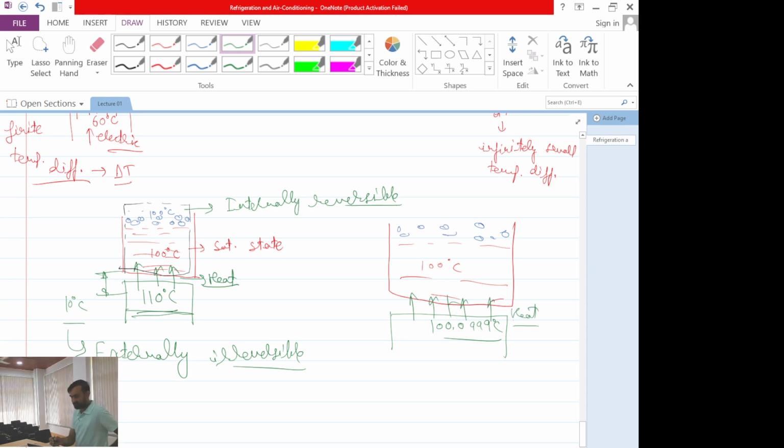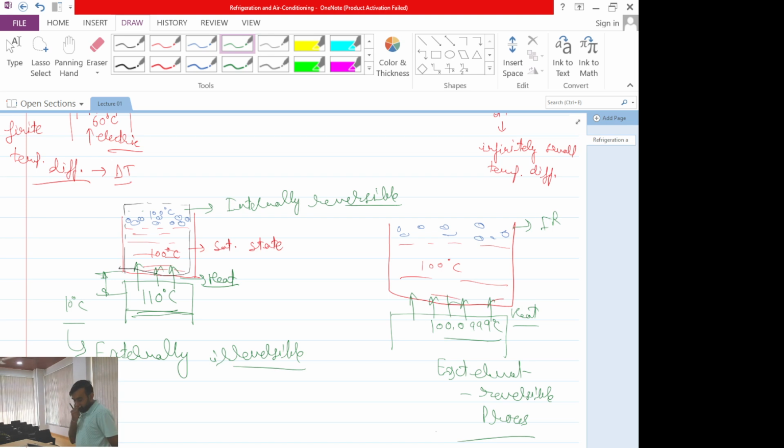Because there is infinitely small temperature difference with the external surface, now within the system we have internal reversibility, and outside the system we also have external reversibility. So this is an externally reversible process. If any process is both internally and externally reversible, it is called a completely reversible process or simply the reversible process. Is this point clear?